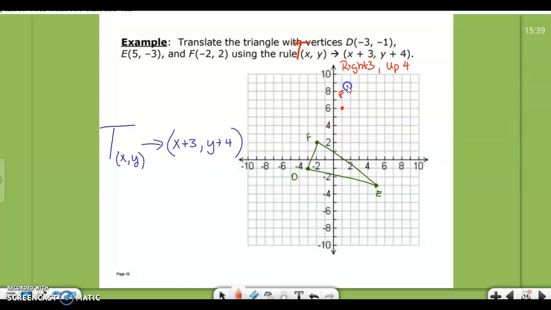And there's my F prime. 1, 2, 3 to the right, 1, 2, 3, 4 up. D prime. 1, 2, 3 to the right, 1, 2, 3, 4 up. And there's E prime.